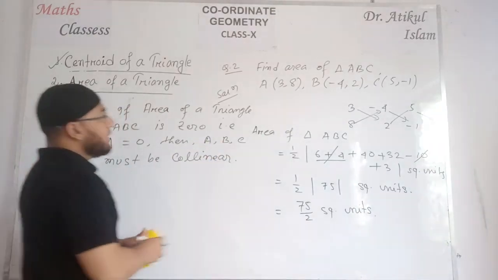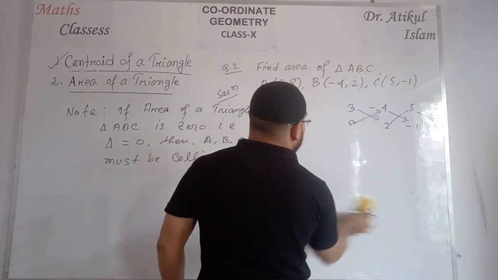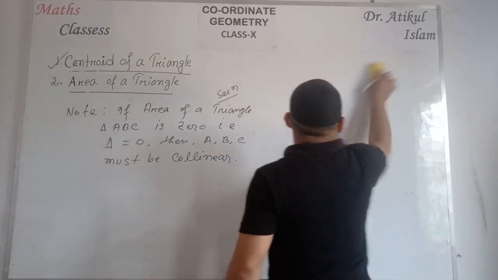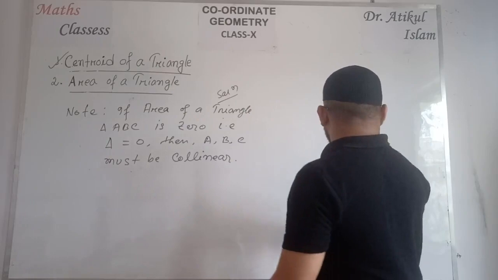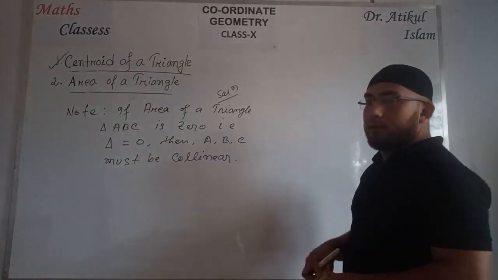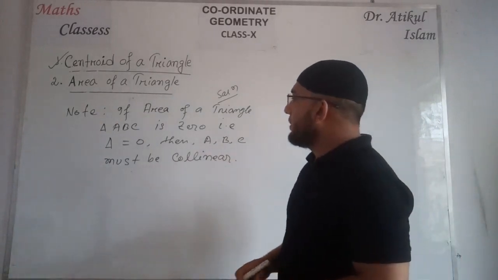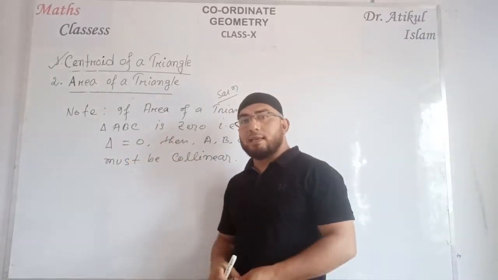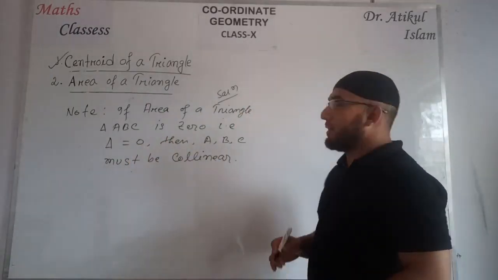This is a very important part of area of a triangle. So sometimes problems come in exams. Suppose you have to show that the points are collinear, then you can use the area of triangle formula. If the area is 0, you can simply directly say that the points ABC are collinear.